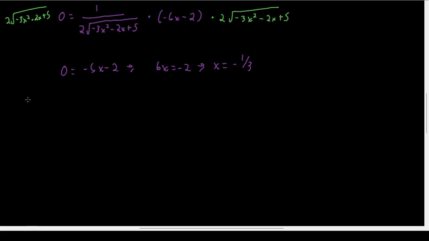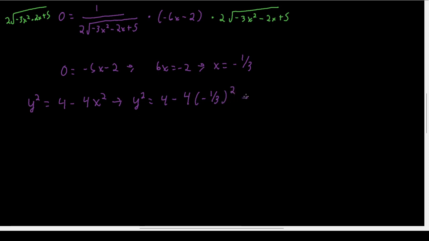We have our equation from earlier, y squared is equal to 4 minus 4x squared. So when x equals negative 1/3, this equation becomes y squared is equal to 4 minus 4 times negative 1/3 squared.